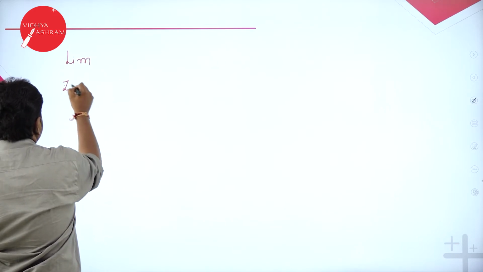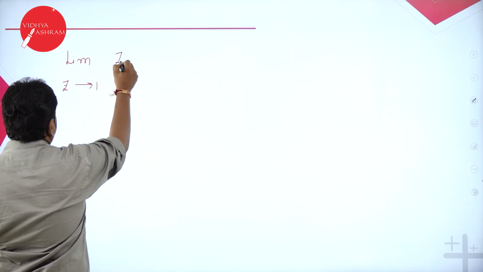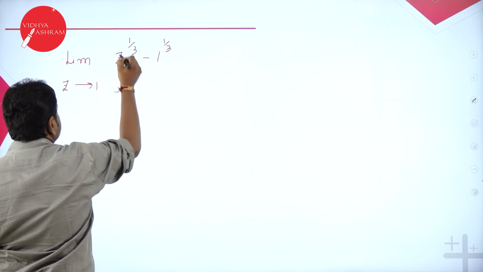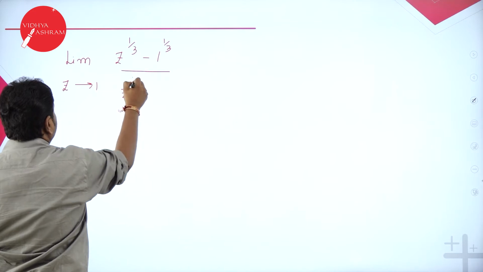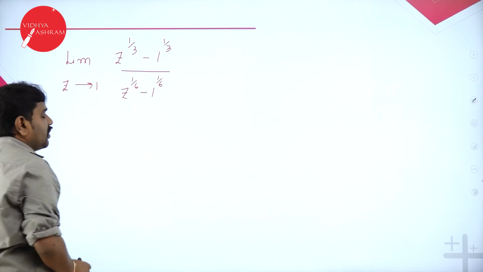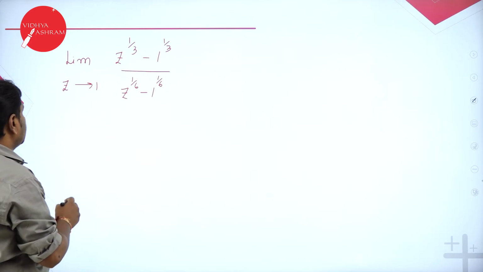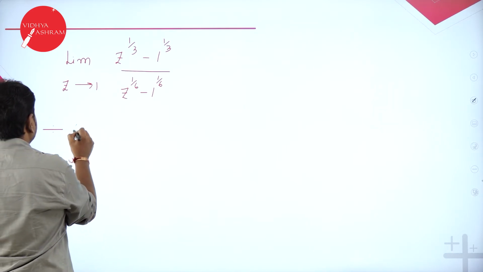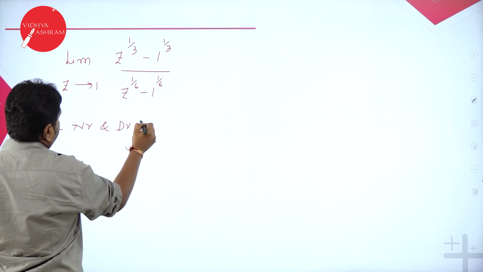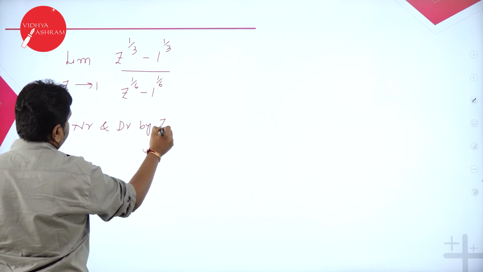Limit z is tending to 1, and in the numerator we have z power 1 by 3 and 1 was given. I wrote 1 as 1 power 1 by 3 seeing this power. In the denominator z power 1 by 6 was there, and I am writing this as 1 power 1 by 6 seeing this power. After you observe this, the denominator z minus 1 is missing. So divide numerator and denominator by z minus 1.